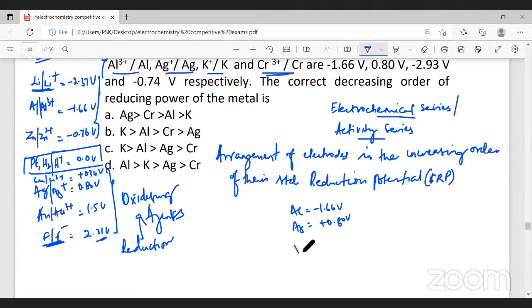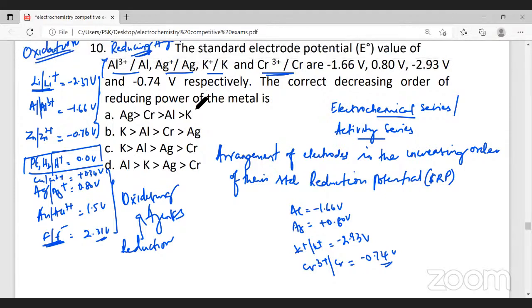For potassium, they have given minus 2.93 volts, and for chromium, Cr3+ to Cr, minus 0.74 volts. They're asking you the correct decreasing order of their reducing power.